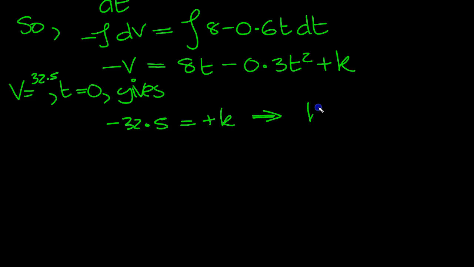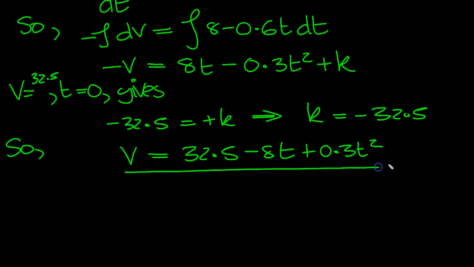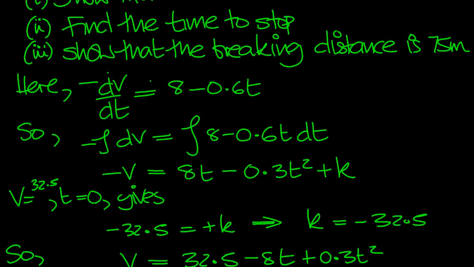So that tells us what k is: minus 32.5. So we can write down what v equals. Run a minus through all these, so v equals 32.5 minus 8t plus 0.3t squared. And this is what we needed to show. That's the velocity then.